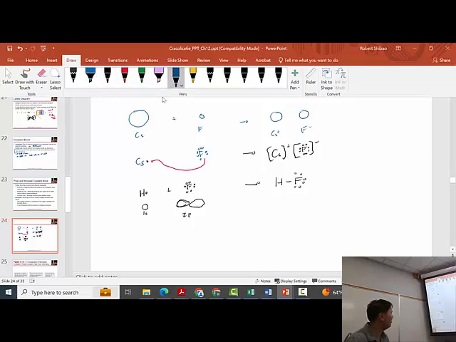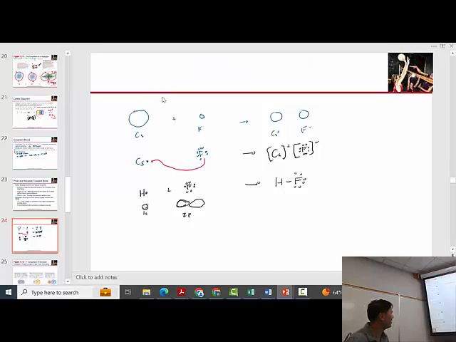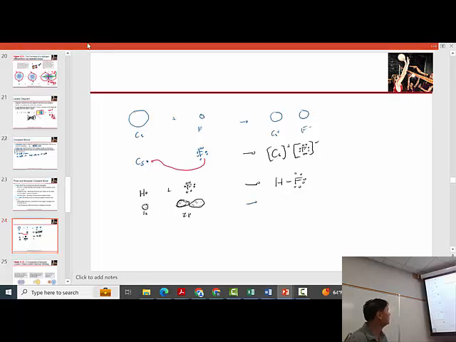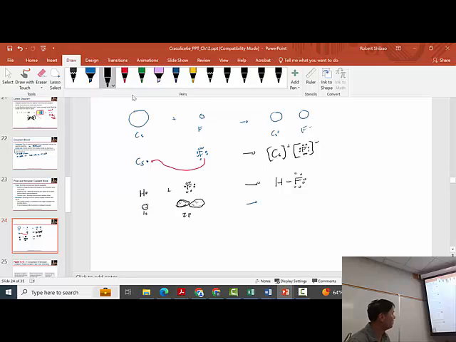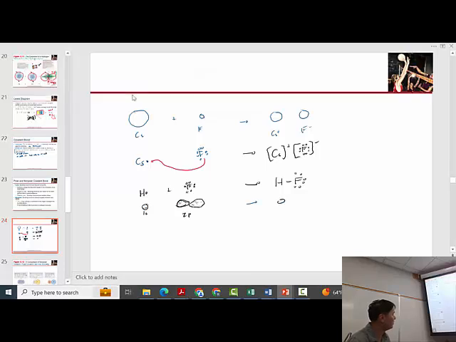Then we have 1 electron in the 1s orbital like this, and 1 electron in the 2p orbital like this. And then what we're going to do is we're just going to overlap these here. And so this is what we call a 1s-2p sigma bond. Sigma has this Greek symbol here.